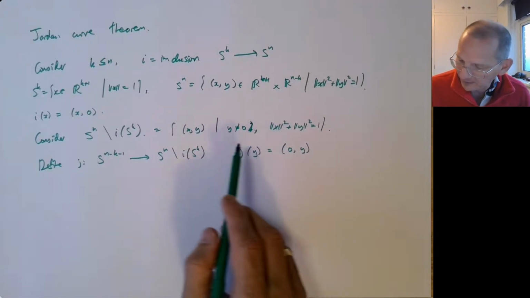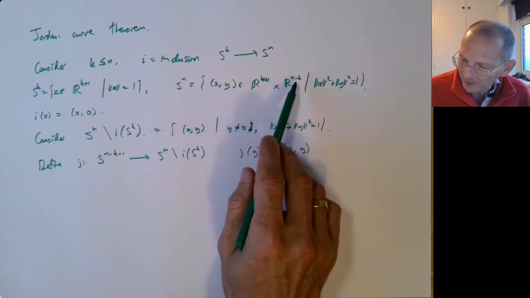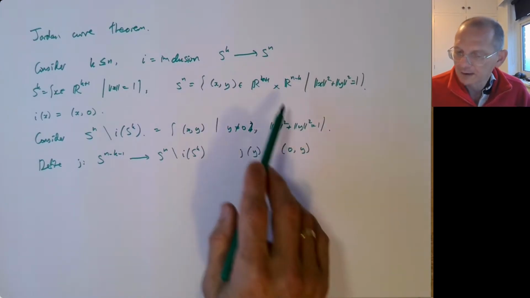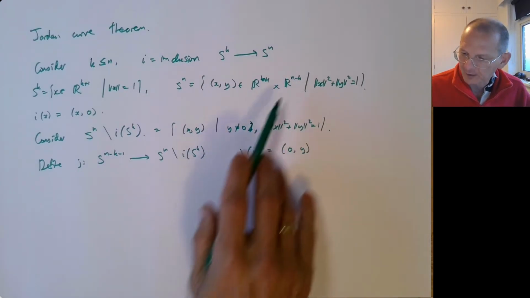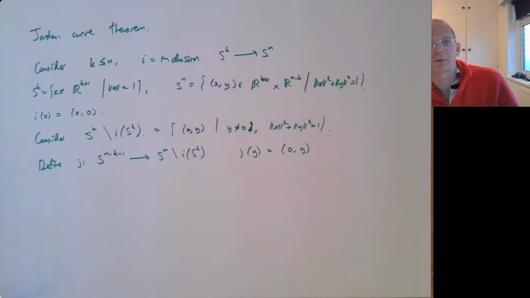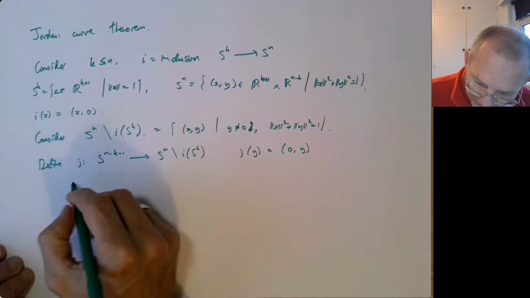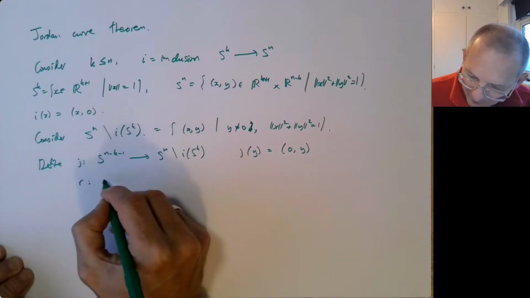Remember, here y was a vector in R^(n-k) of norm 1, so that means it's unit vectors in R^(n-k), which of course is S^(n-k-1) as I've written here. And then we can define r in the opposite direction.